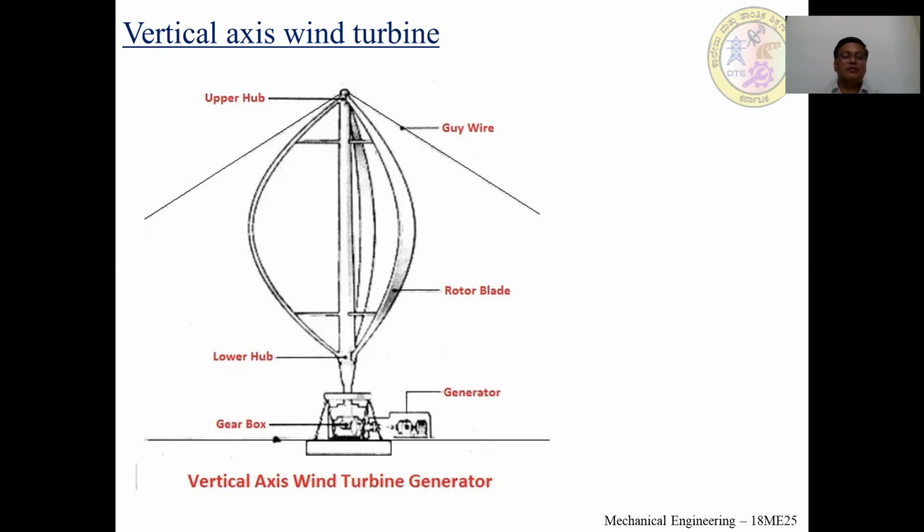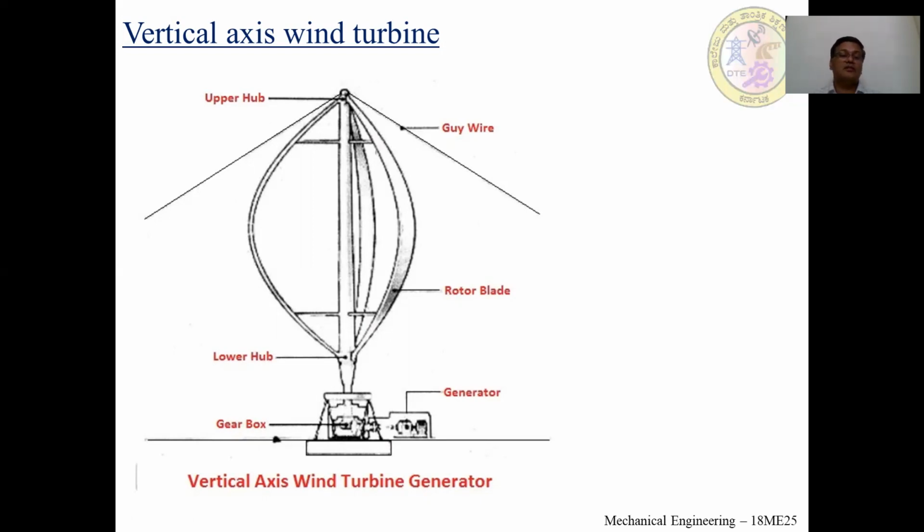So the components are almost similar. Here also you can expect similar components, but the major difference is the axis. Here it is a vertical axis, whereas previously it was horizontal in the first type. Then the other major difference is the blade shape. In the horizontal axis wind turbine, we consider aerofoil shaped blades, but here the geometry of the blade is entirely different.